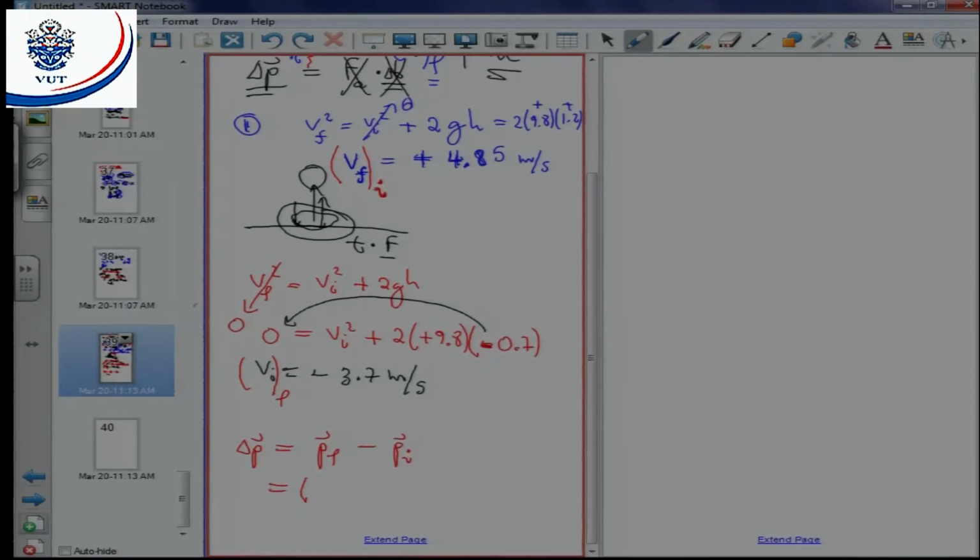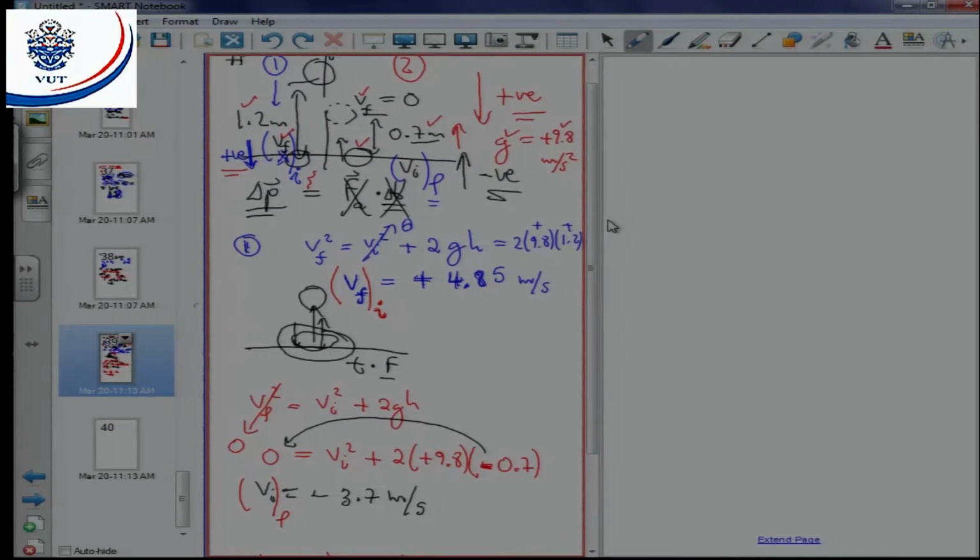The mass of the ball is given, it's 0.5 kilograms, multiplied by the final speed, and the final speed, just a reminder, is this one.